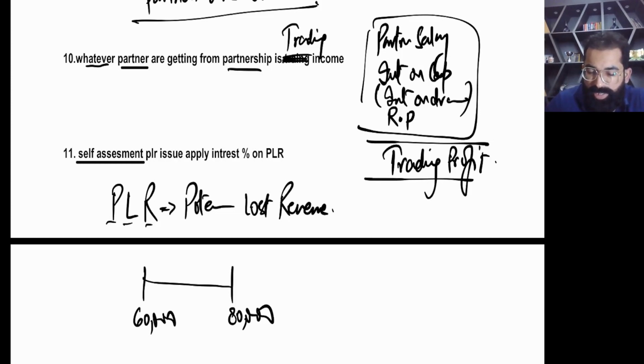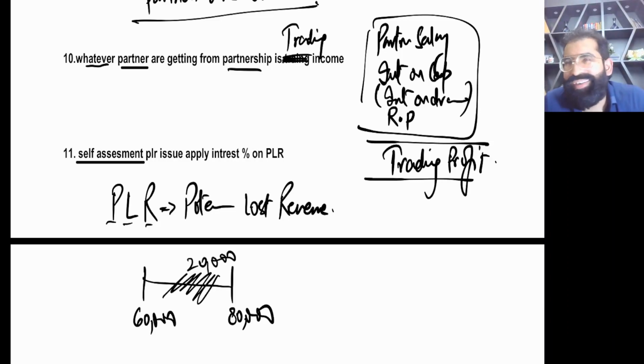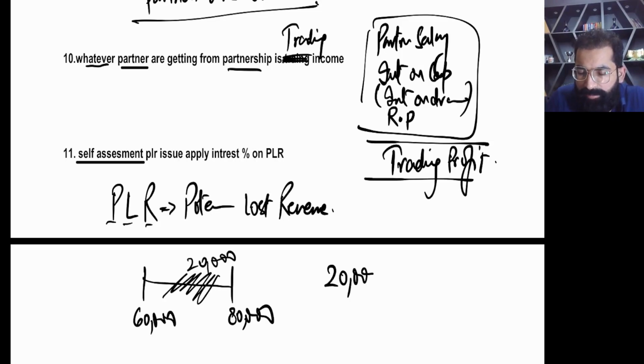That means I hid 20,000 from government. So this 20,000 is not PLR. When somebody hides 20,000 from government, let us say the tax rate is 40%. So how much tax has he stolen? This is 8,000.